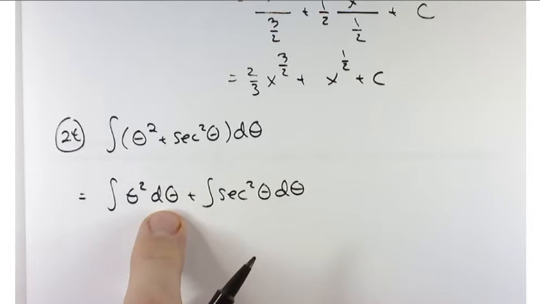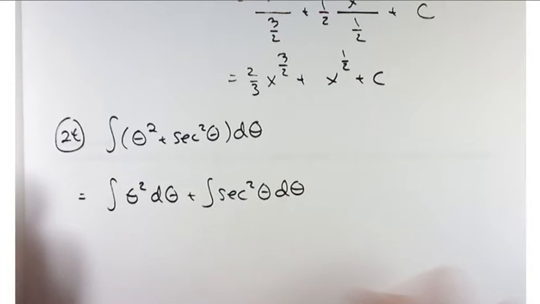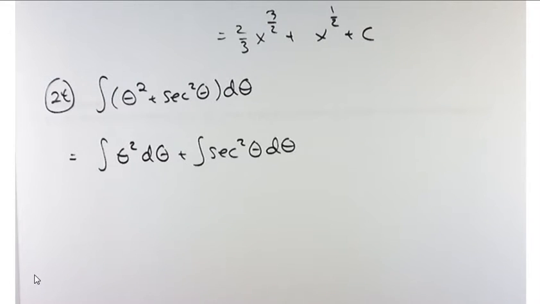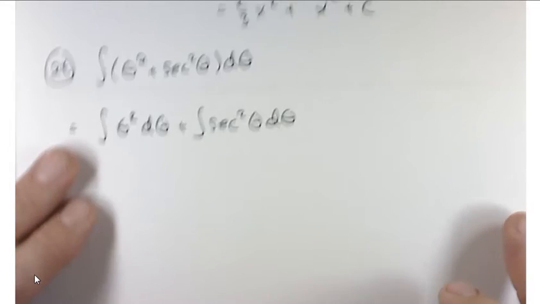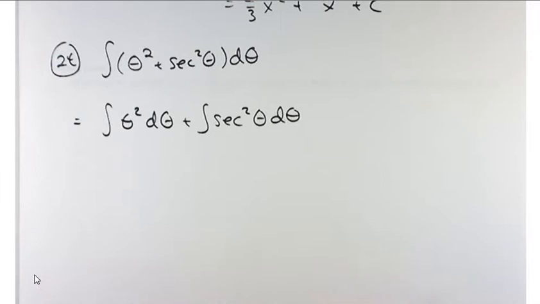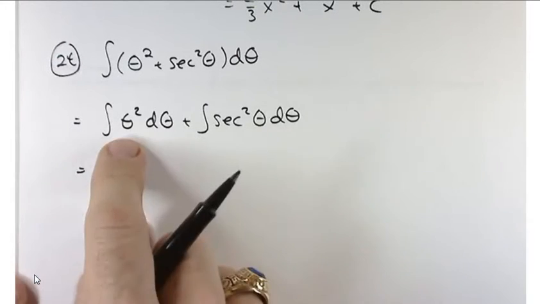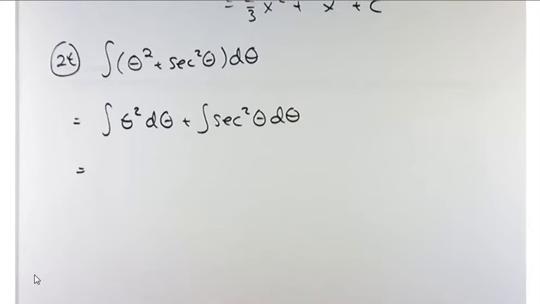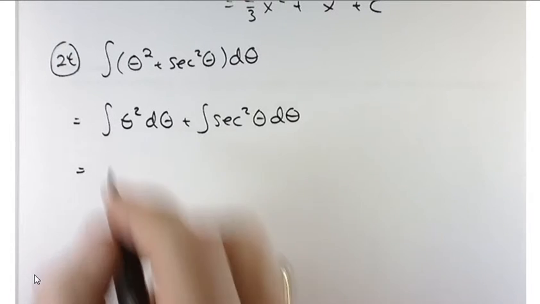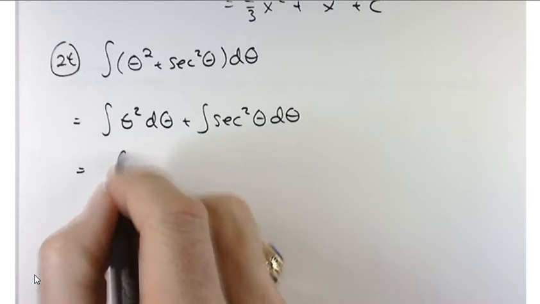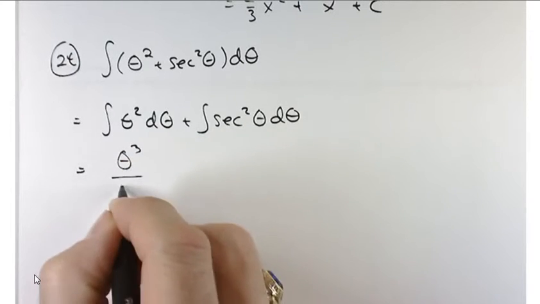You need a d theta with both of these. That's your differential. Let's come up with some antiderivatives. What's the antiderivative here? Theta to the third divided by 3.